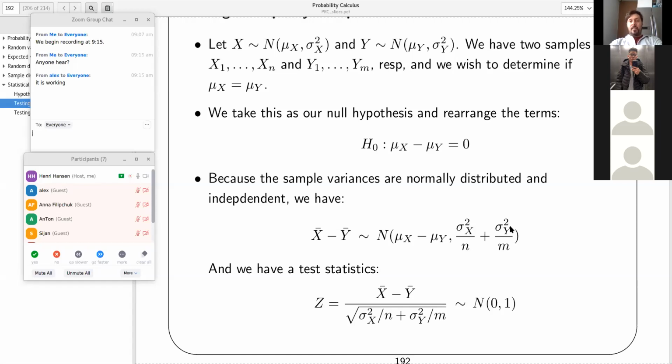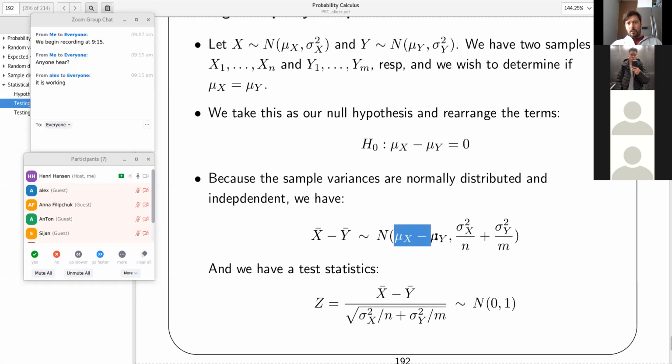And we can come up with the test statistic easily. This is just your z variable, your normalized normal distribution variable, whereby we just take the square root of the variance, which we know here, and divide by this.